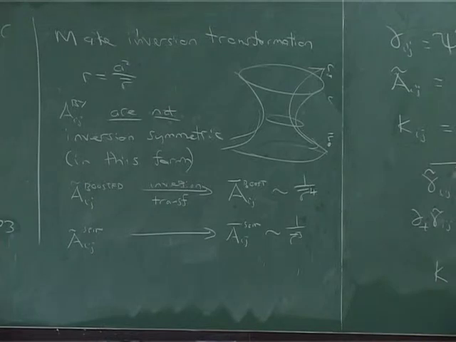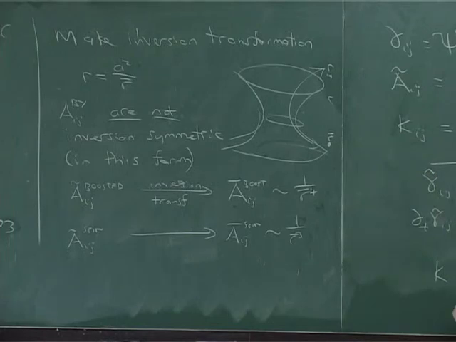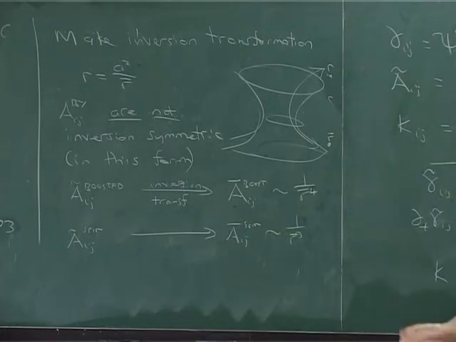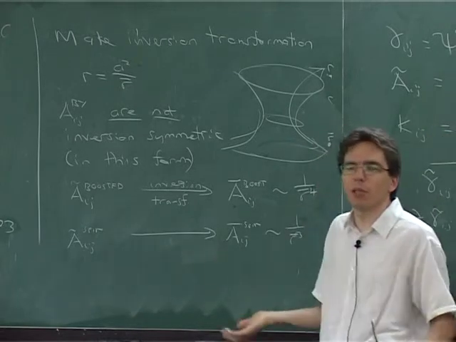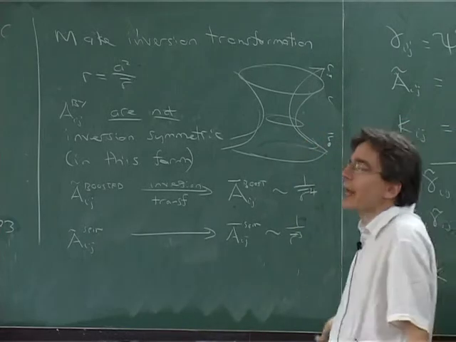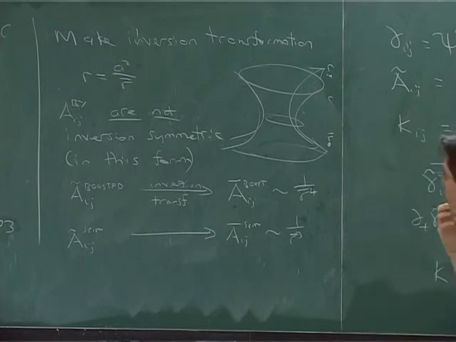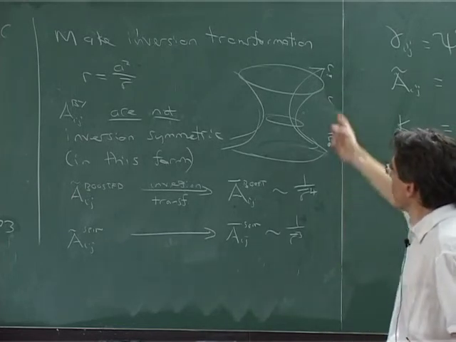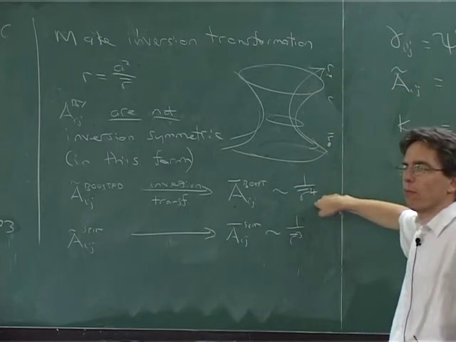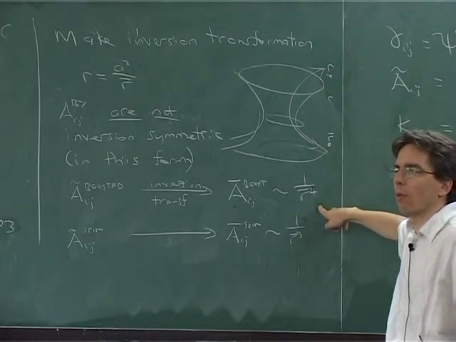So what this means is that if I want to know the mass of the black hole, not the ADM energy of the space-time, because the ADM energy of the space-time is going to be the mass of the black hole plus any radiation that may be in there due to this boost or spin. If I go to this other half, I now have a version of the solution which falls off much more quickly, and so I expect that to have much less of an impact on the mass.